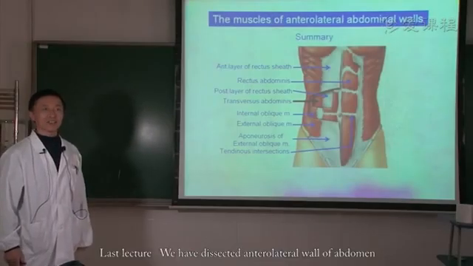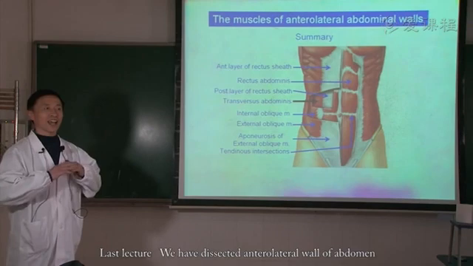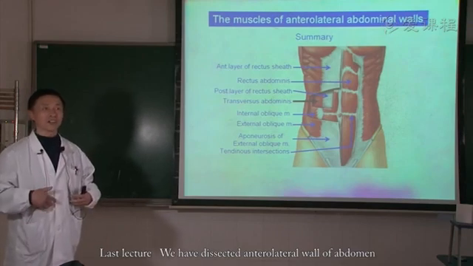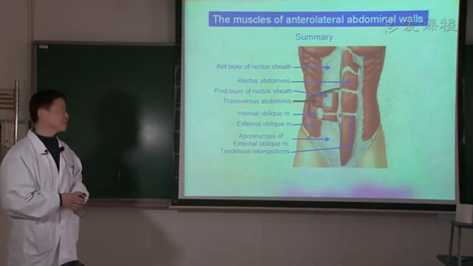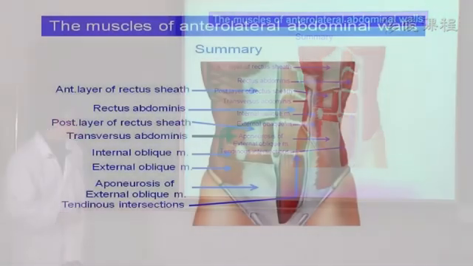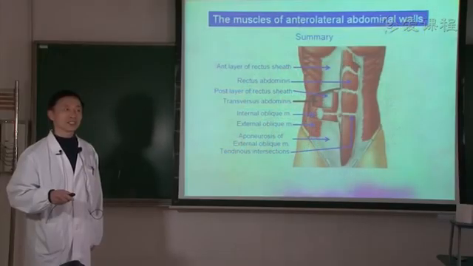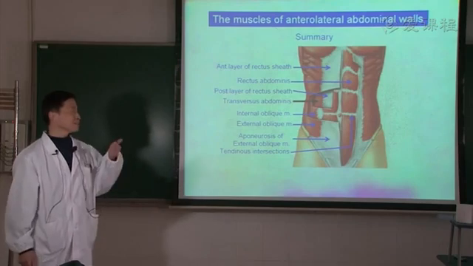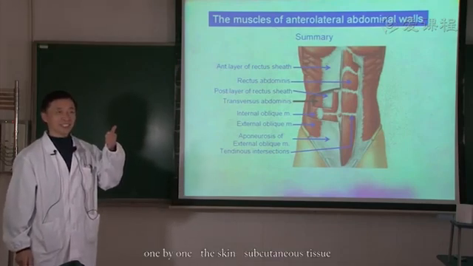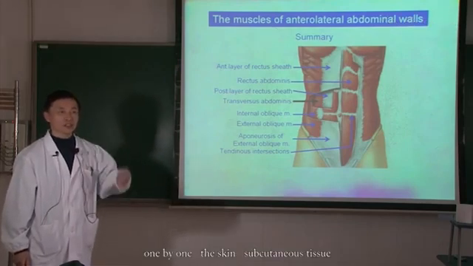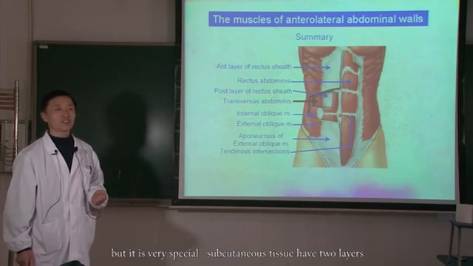Last lecture, we dissected the anterolateral wall of the abdomen. You know about the anterolateral wall from superficial to deep, one by one. The skin, then the subcutaneous tissue, but it's very special.